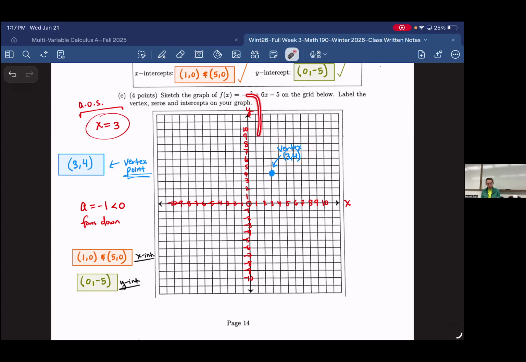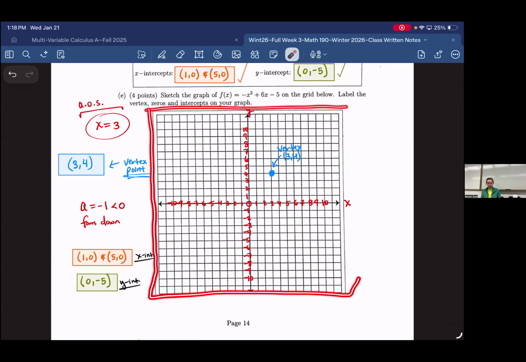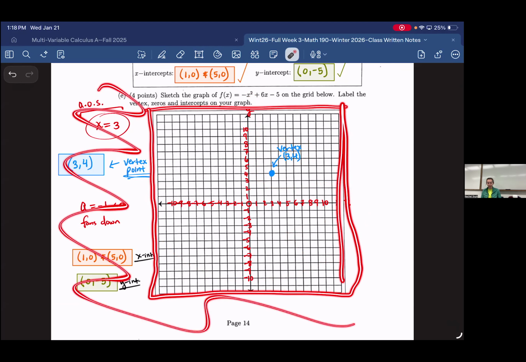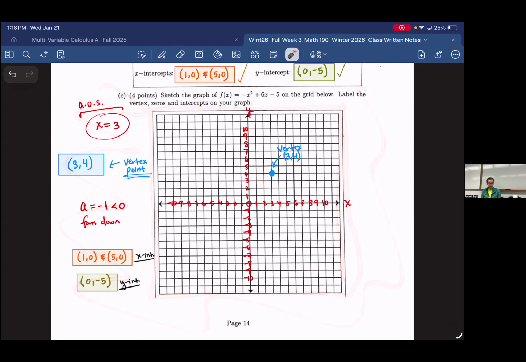If you don't label your x and y axis and put it in a proper scale, points off. If you're not putting the labels on the graph, you'll get points off because a lot of professors only have this box cut out on their grading platform, and so they don't see any of this stuff.